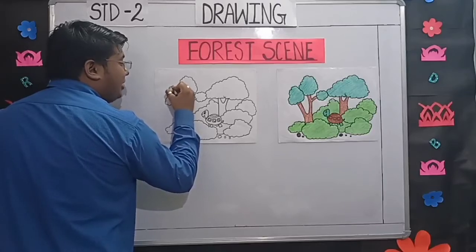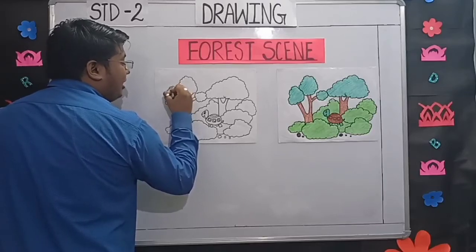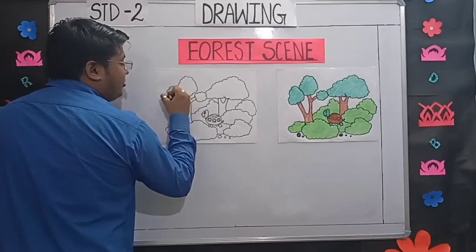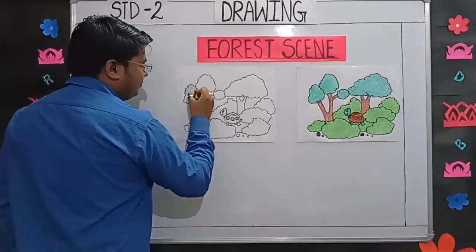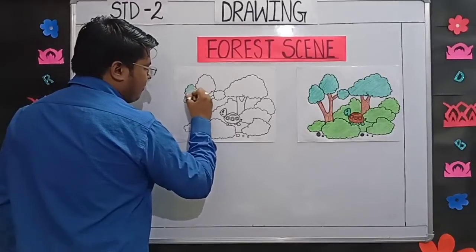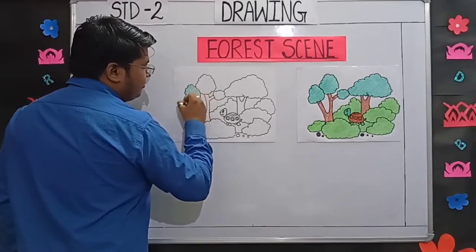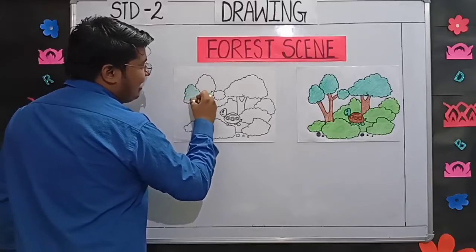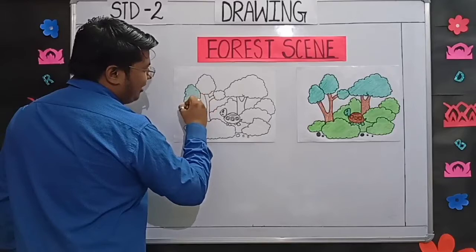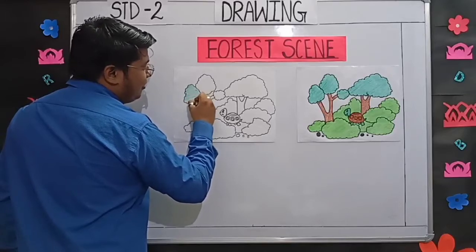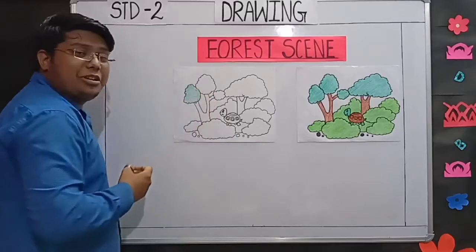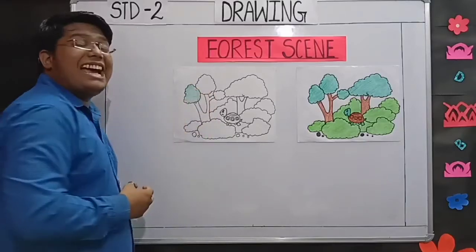Students, you have to be very careful when you are coloring the pictures. As you can see, I am coloring it in one direction, right? Why? Because it looks even and neat.